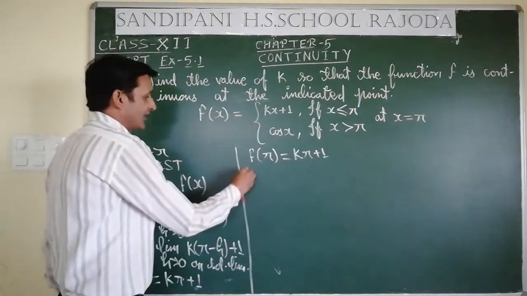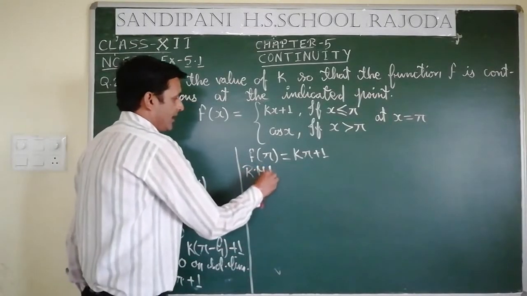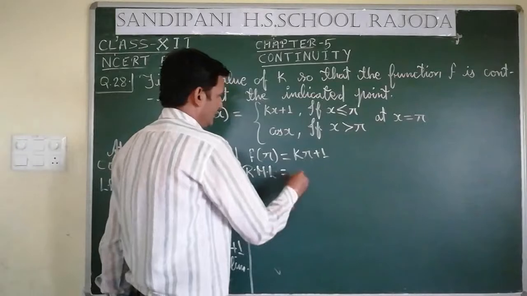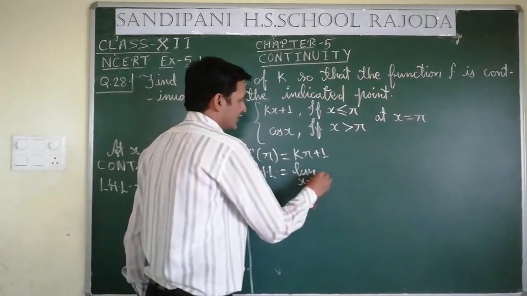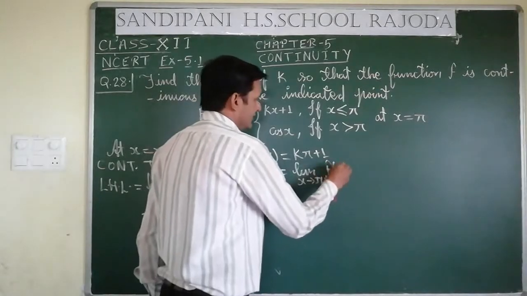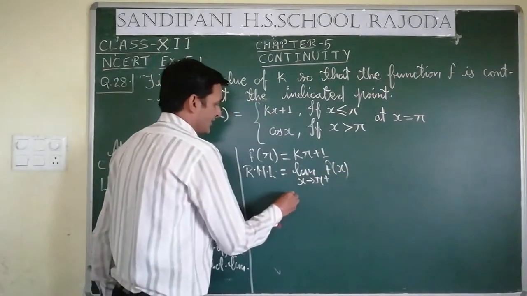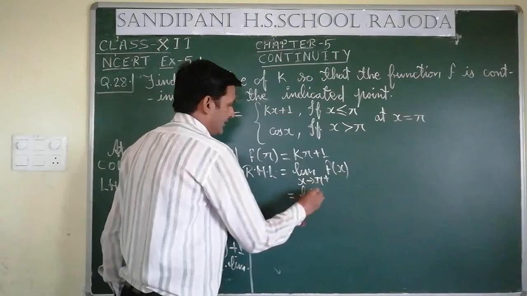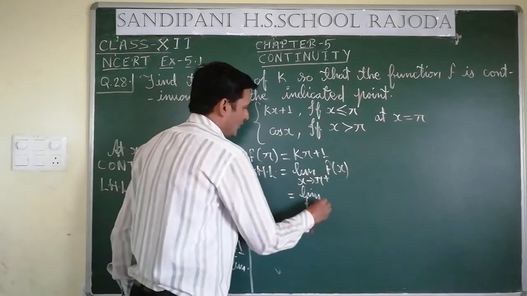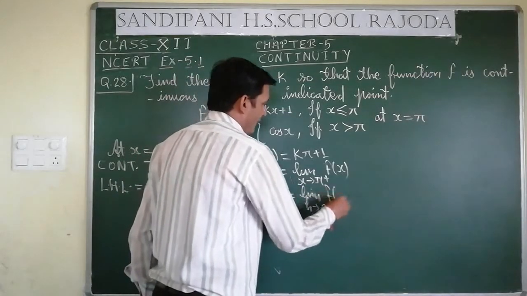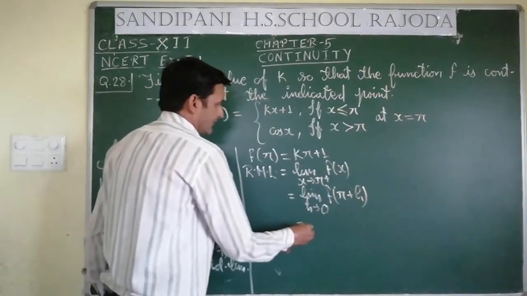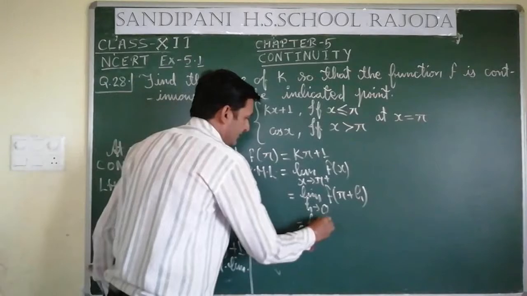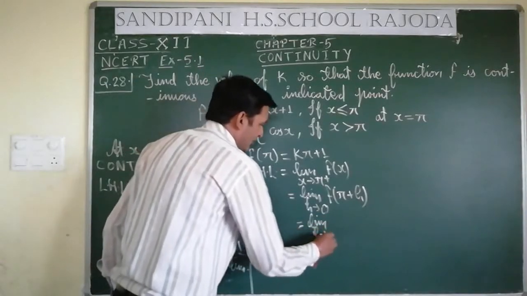Now RHL is equal to limit x tends to pi plus f of x, it is equal to limit h tends to 0 f of pi plus h, that is equal to limit h tends to 0.